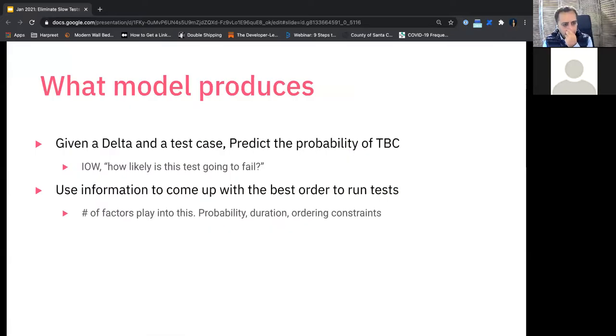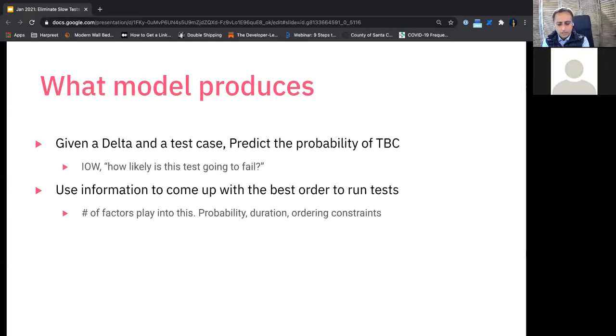Given these changes, please predict the probability of this test behavior change: is the signal going to flip from 1 to 0 or 0 to 1? Then we start using some additional information to help make the model better.